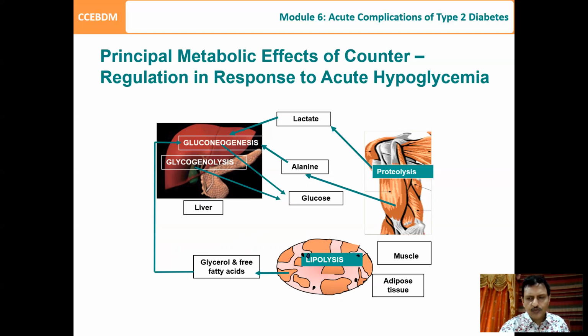Both these processes are carried out by the counter-regulatory hormones, that is glucagon, cortisol, growth hormone, and adrenaline. So these counter-regulatory hormones are responsible for these two important processes. Therefore, whenever there is hypoglycemia, the secretion of these four hormones goes up.